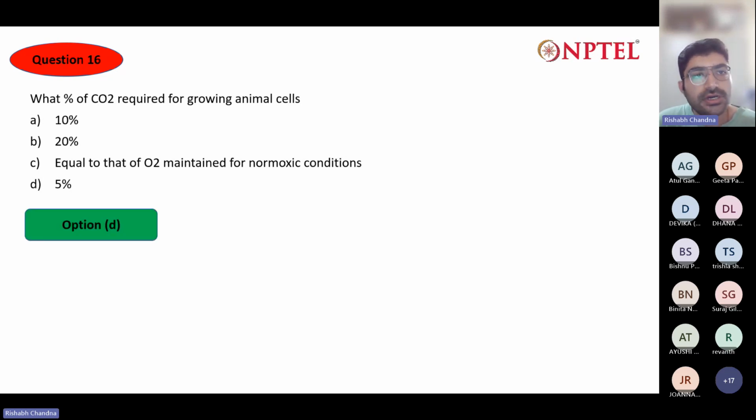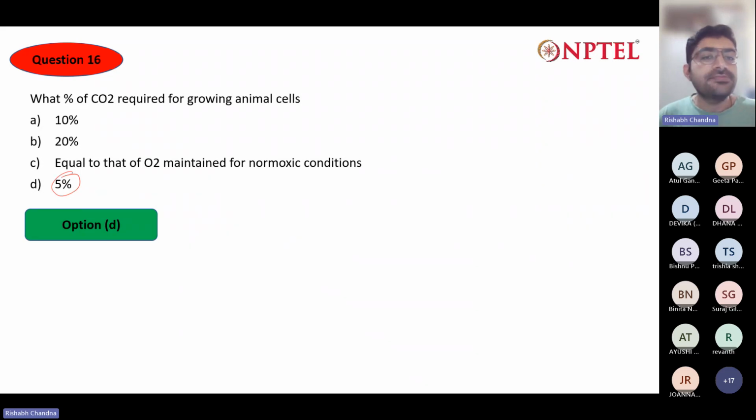And as you know, there are a few reasons that only this much amount of carbon dioxide is maintained in cell culture. First, animal cells grow in a certain amount of carbon dioxide, because in the normal body itself we have a certain amount of carbon dioxide. That's why the cells are adapted to that particular condition. And secondly, carbon dioxide is a buffer component that we discussed in the last lecture also.